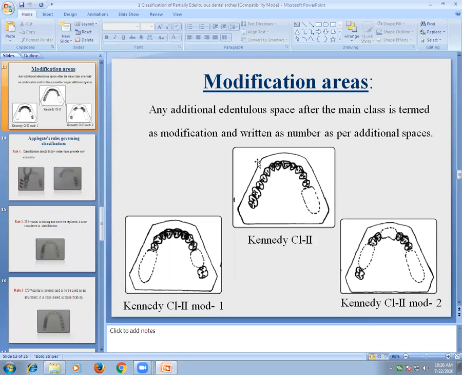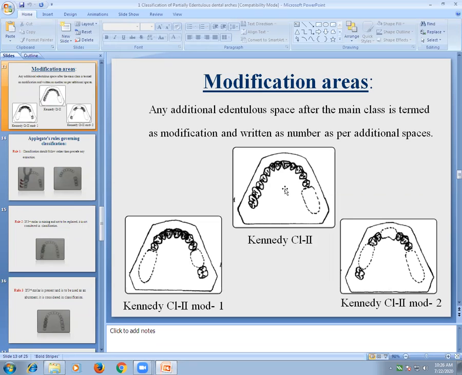Then coming to the modification areas. Any additional edentulous space besides the main class is termed as a modification and written as a number as per the additional spaces. As you can see, this is Kennedy's class 2.